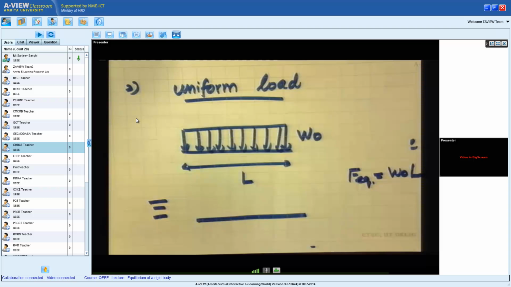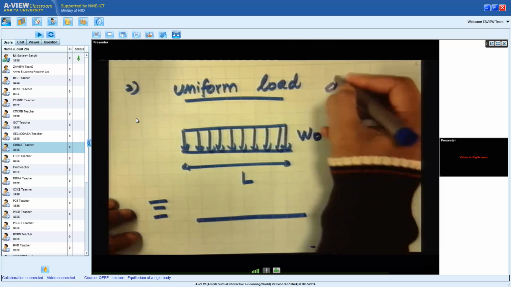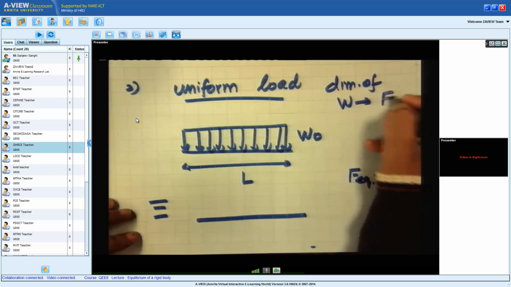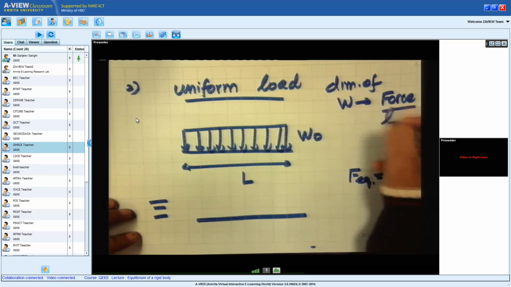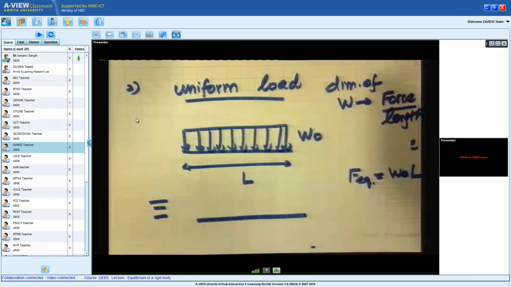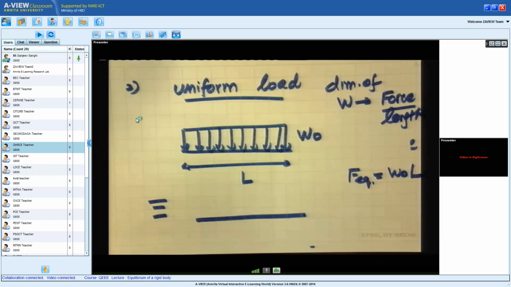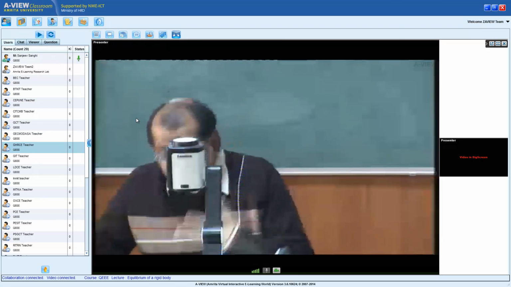Notice whenever we have linear loading, the dimension of W will be force per unit length. And this is not dependent on the shape of W. W may be uniform, W may be 0, W may be quadratic, W may be a sine function.